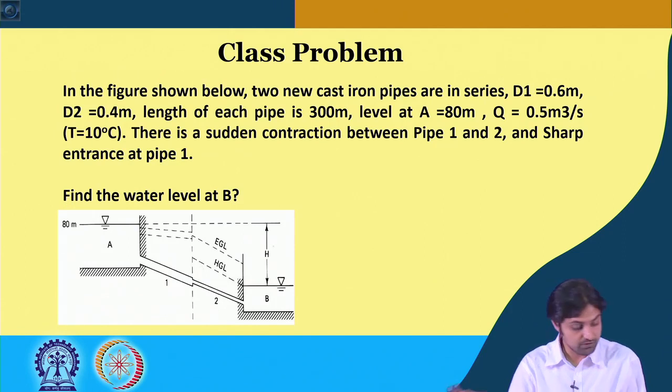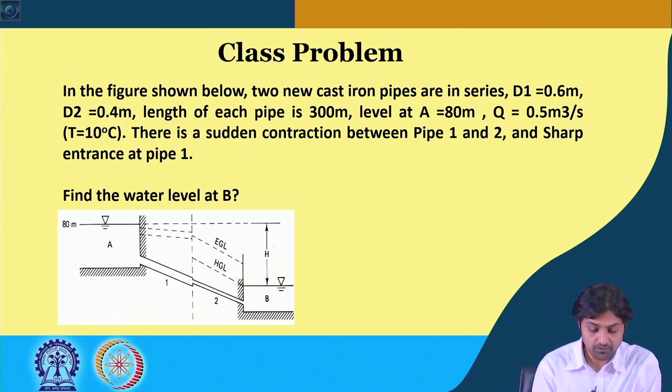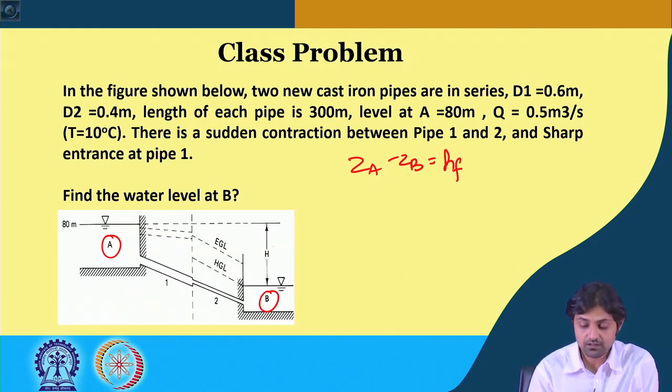Okay. So, whatever the difference between the levels at A and B, this ZA minus ZB should be equal to the HF, that is the head loss between point A and point B. Now, this HF should be the sum of the losses. Can you think where these losses will occur?